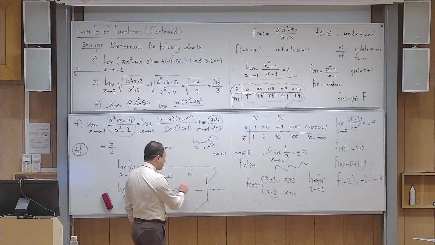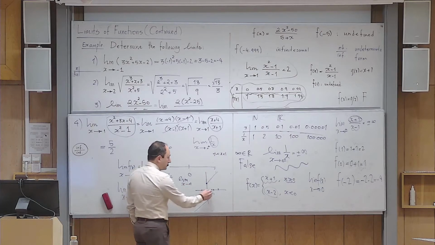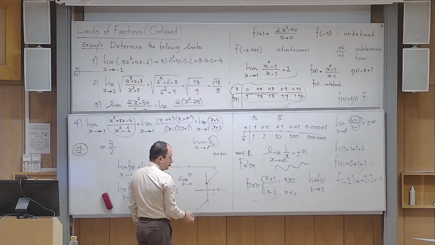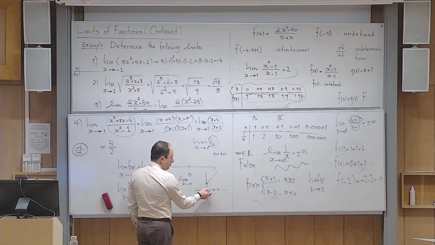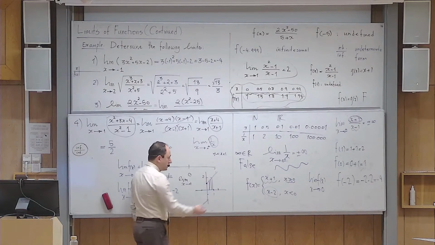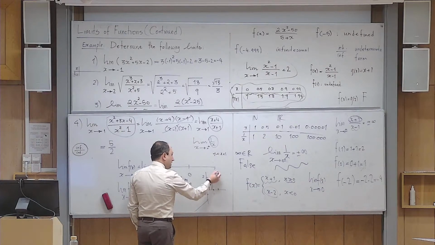I can ask you what is the limit when x goes to 1. Then you say, okay, I do it two different ways. When I am going to 1 from the left, I have this value, this value, this value, and of course these values are getting close to 2. Yes, but when I also approach from this side, I have this value.